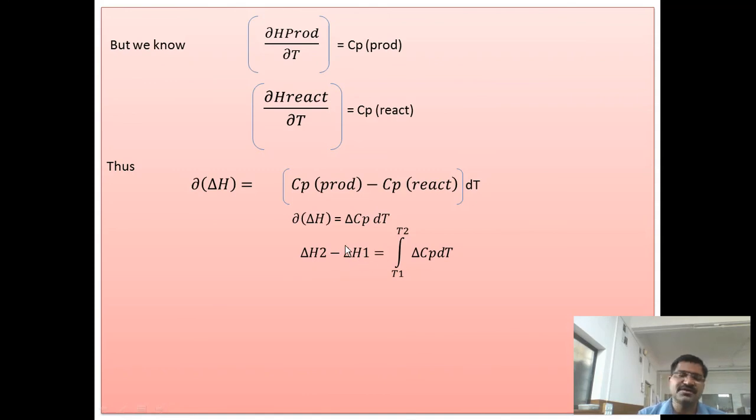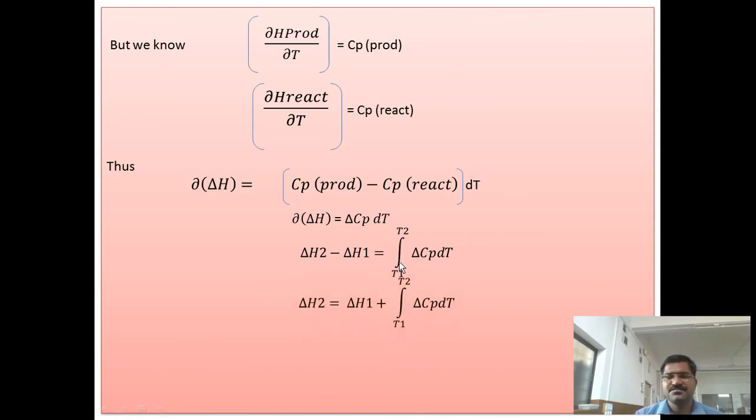At two different temperatures, enthalpy is also different, and it is equal to delta Cp dT. Integrate this equation between the limits T1 to T2. That is, as we increase the temperature from T1 to T2, the enthalpy also changes.